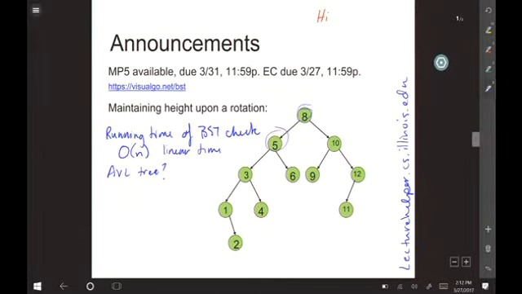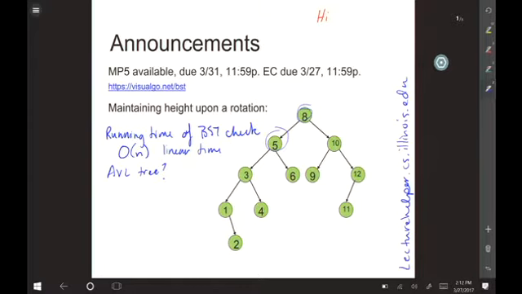Show me where you put your... Wait a second. All right, so let's do the easy one first. What's wrong with the node or the subtree rooted at 5? How is it not balanced? Gabe, you want to tell me? Yeah, very good. Perfectly stated.